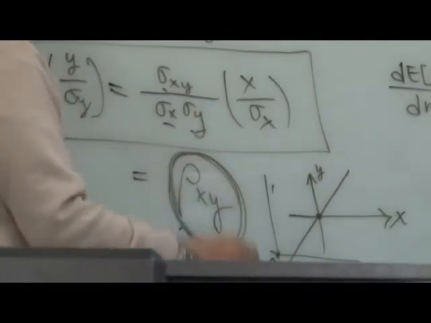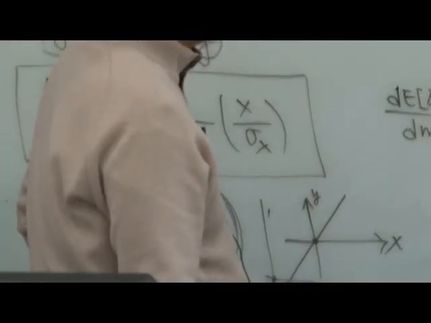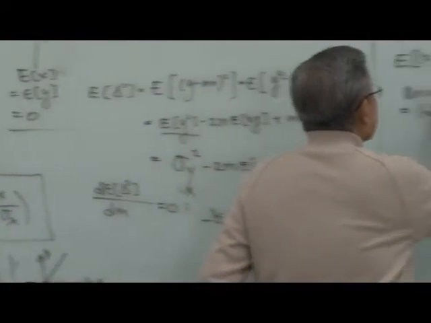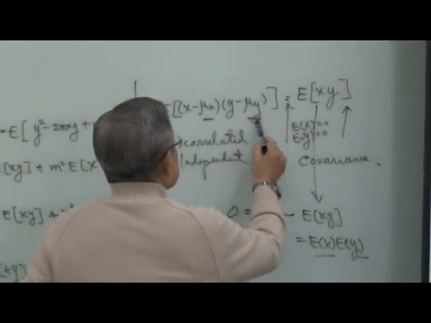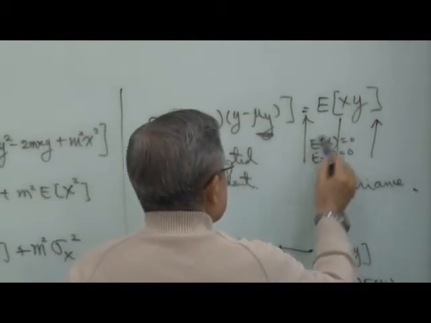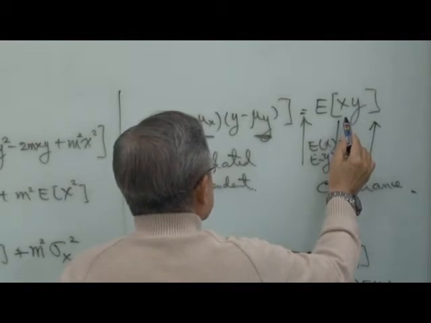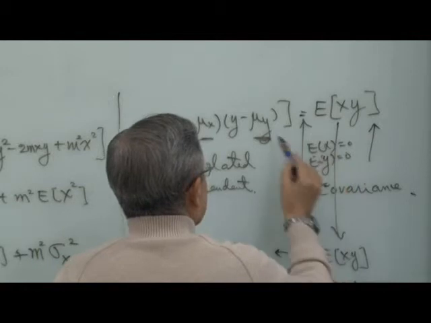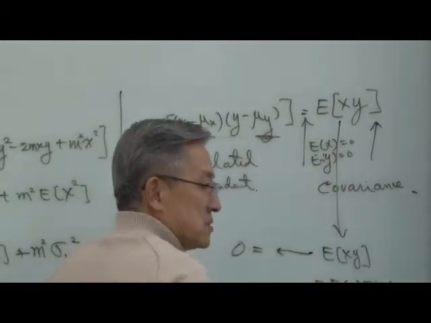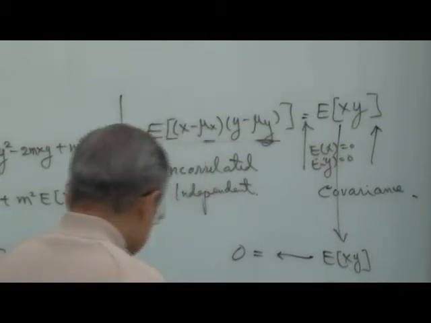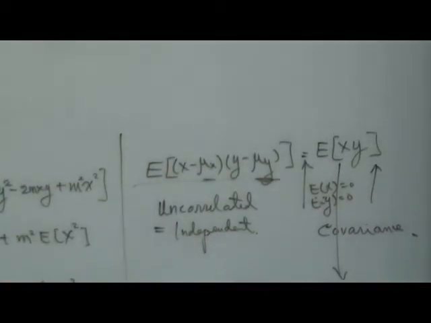If the mean is not equal to 0, then you have to take it into account like this as non-zero. Over here, the assumption is this is 0. Unless this is not 0, then you have to express it like that. Nothing to be confused about.